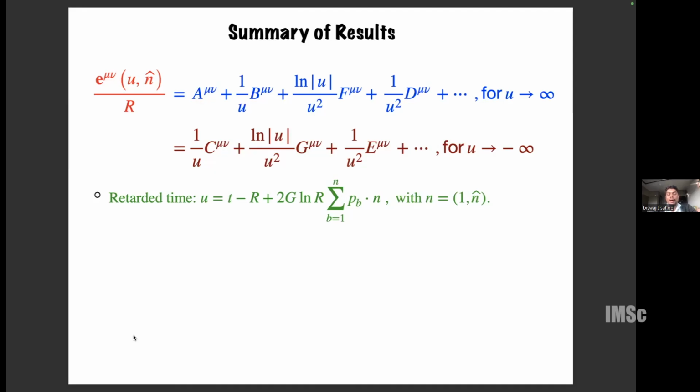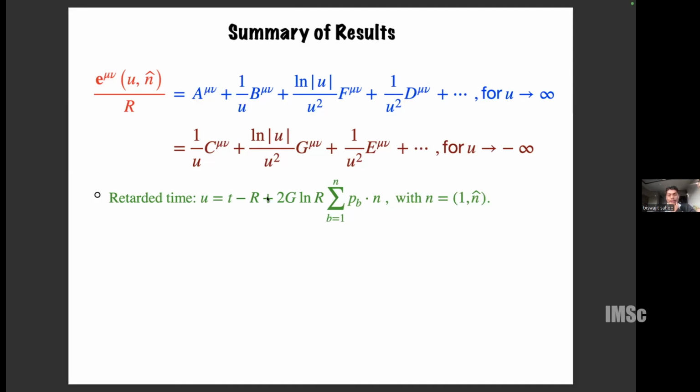The log omega generates a 1 over u coefficient, at u going to both plus and minus infinity, which I'm calling B mu nu and C mu nu. The omega log omega squared terms contribute log u over u squared terms, and there is also an omega log omega order term, which is only determined up to first post-Minkowskian order. These contribute 1 over u squared tails. Here u is the retarded time.